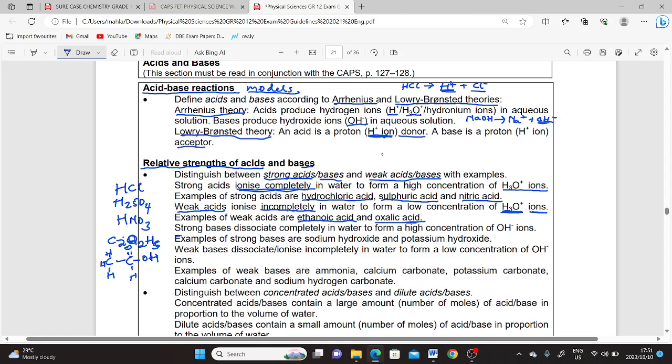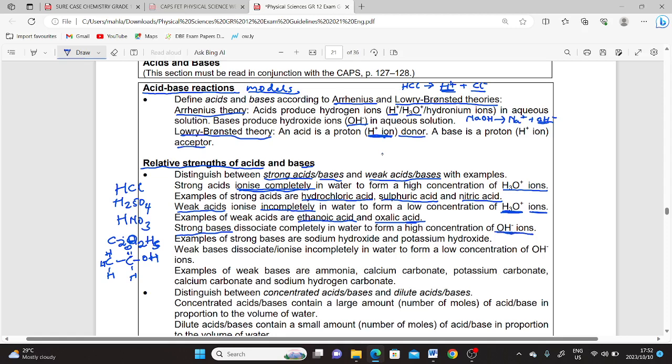Now the strong bases. Strong bases dissociate completely in water to form a high concentration of hydroxide ions, which is OH minus.